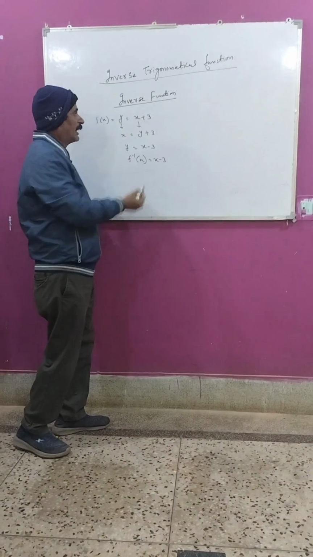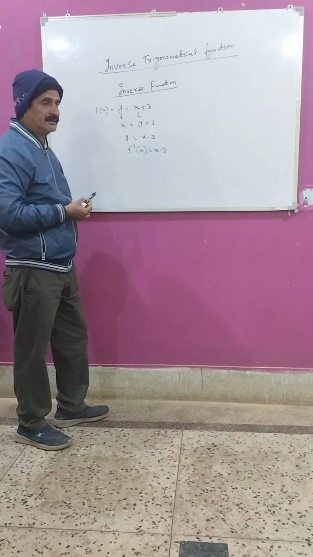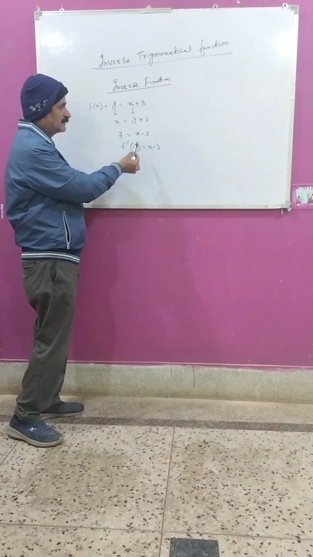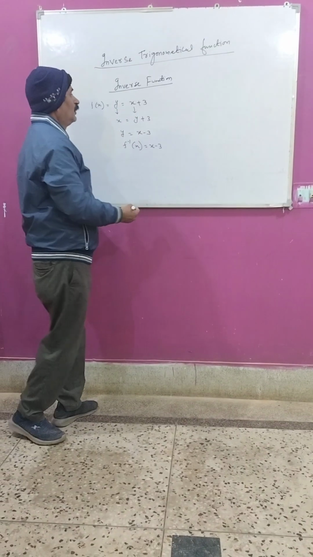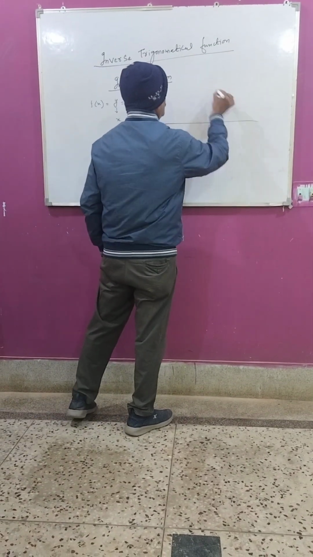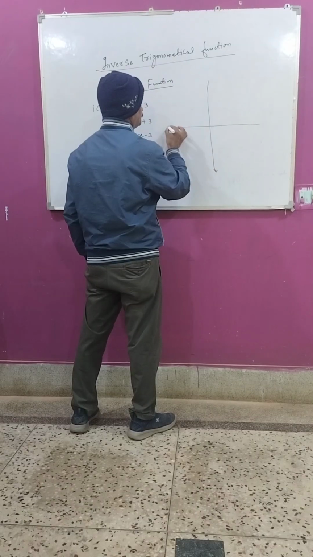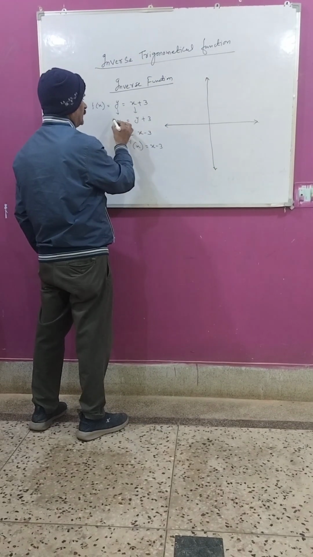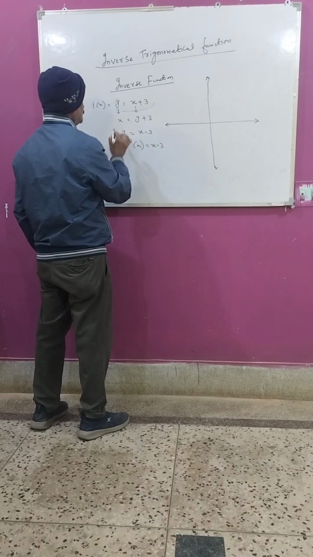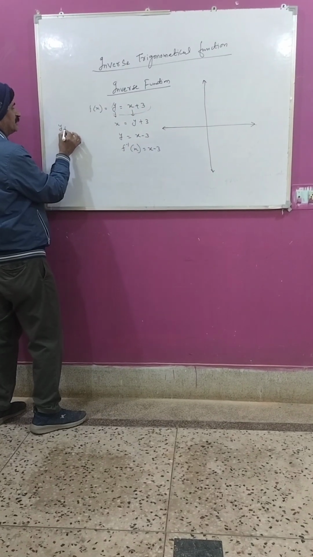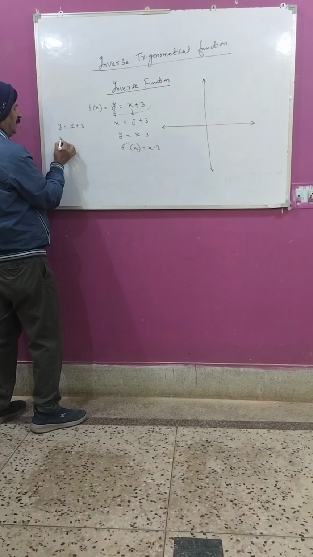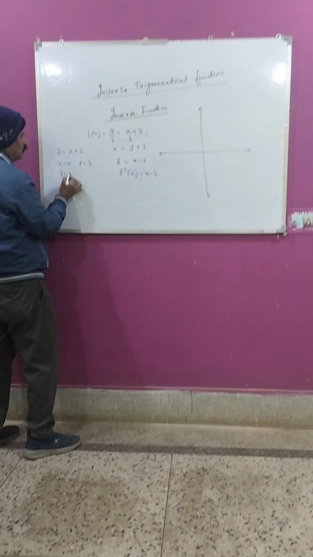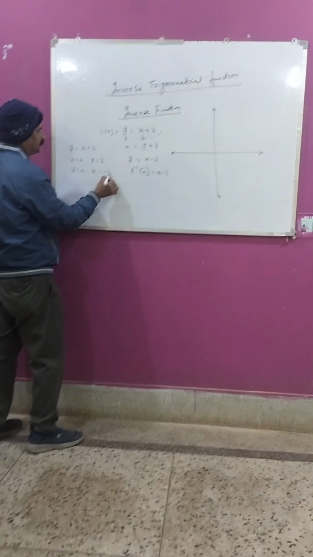Now, if you draw the graph of these two functions, that means the function f(x), that is x plus 3, and its inverse, x minus 3. The first function is f(x) equals x plus 3. When you draw y equals x plus 3, when x equals 0, y equals 3, and when y equals 0, x equals minus 3.